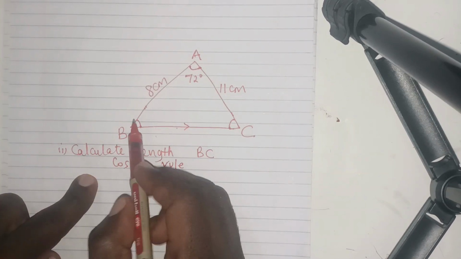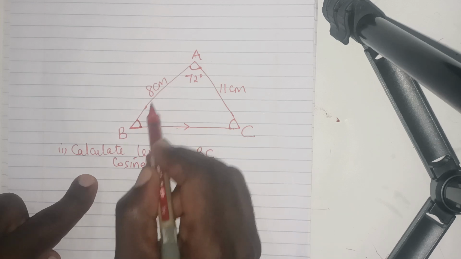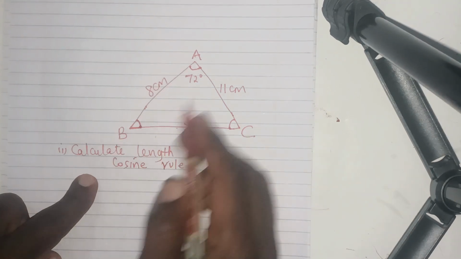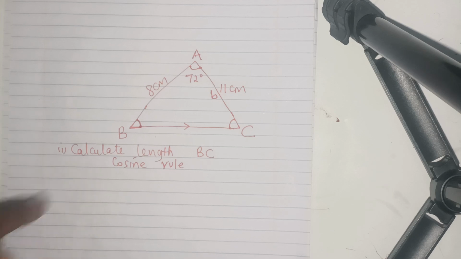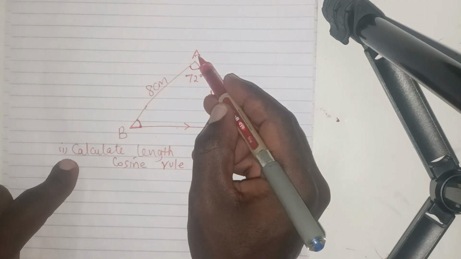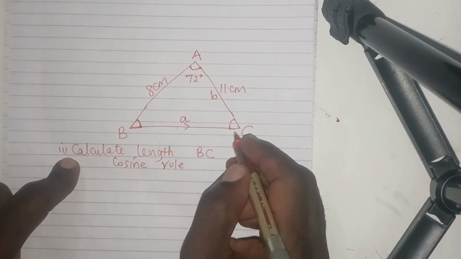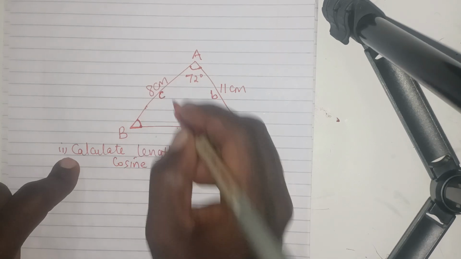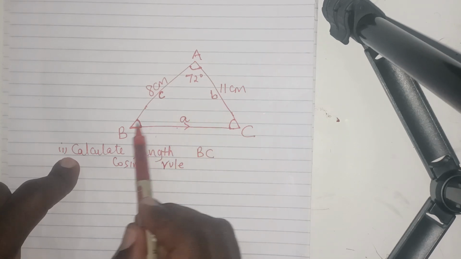First, look at this. If this is the angle at point B and the lengths here are given as AB, BC, and AC, I'm going to take this B and put it at this point along line AC. I'll take this A and put it at this point, that is M. Then I'll label this part as C. So I have length AC with a B opposite to the angle.